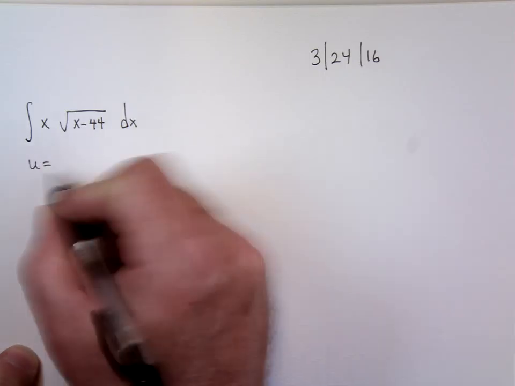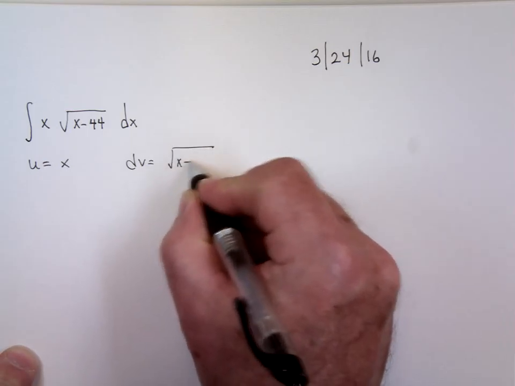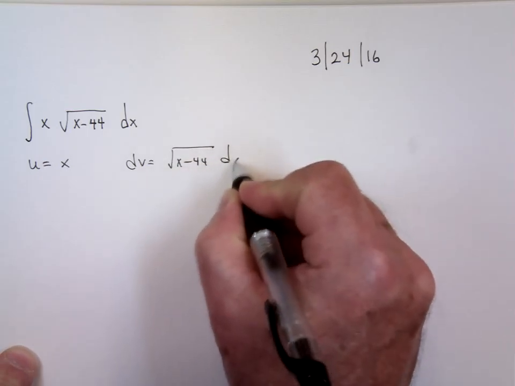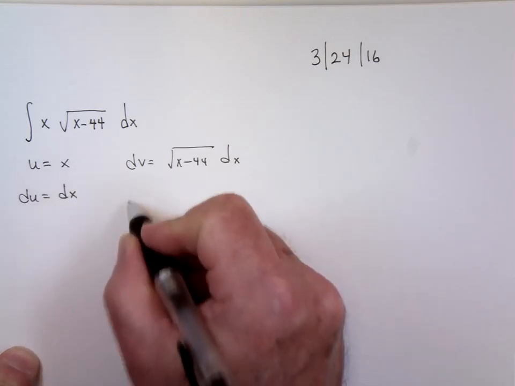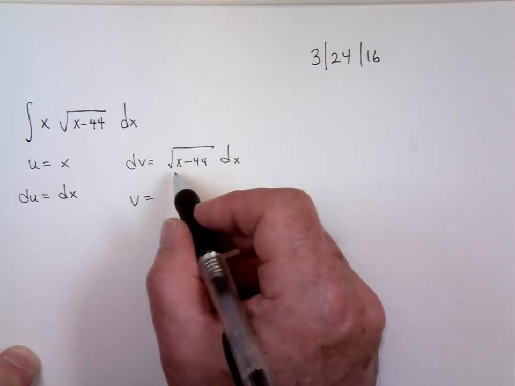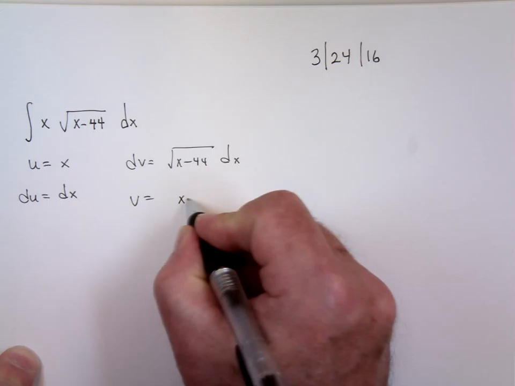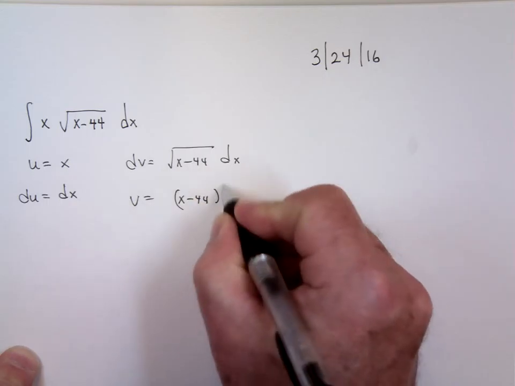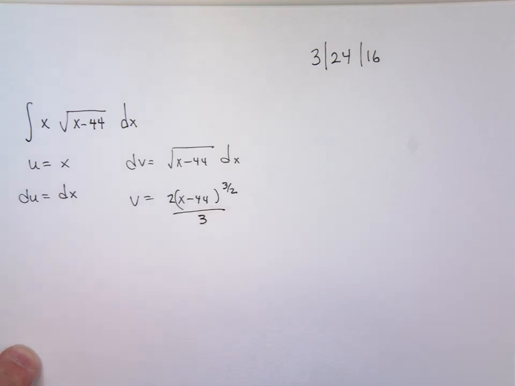Let u equal x, dv equals the square root of x minus 44 dx. du is dx. v is the integral of this, and we can integrate that. This is x minus 44 to the 1/2, so it's going to be x minus 44 to the 3/2 times 2/3. Okay, that's the integral.